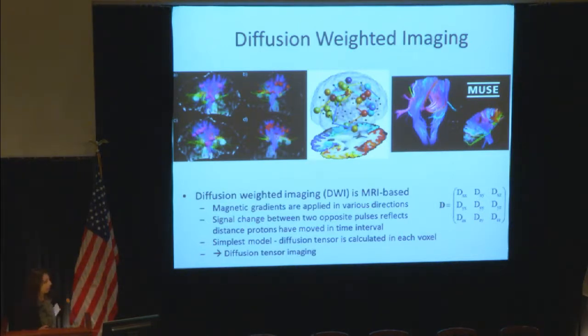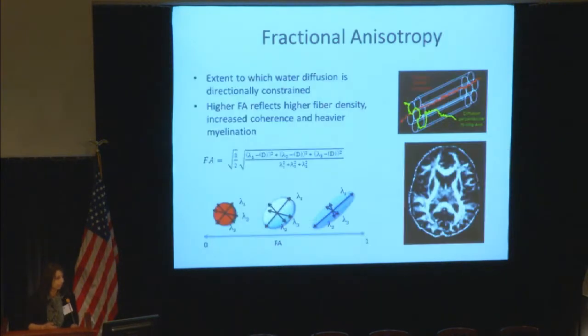Diffusion-weighted imaging is MRI-based, where magnetic gradients are applied in various directions. And the simplest model for calculating the diffusion in a voxel is the tensor model. And this can be calculated with as little as 6 gradient encoding directions. Fractional anisotropy, or FA, is one of the most common and basic models that you can get from the diffusion tensor.